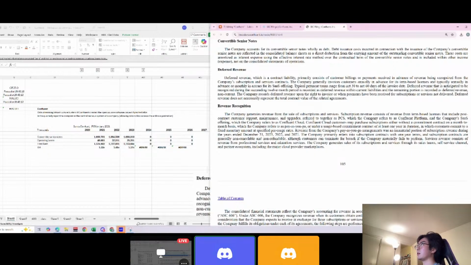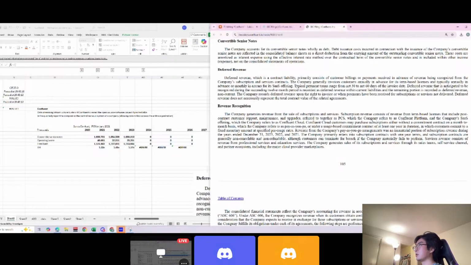Customers of Confluent Cloud may purchase subscriptions either without a commitment contract on a month-to-month basis, which the company refers to as pay-as-you-go, or under a usage-based commitment contract of at least 1 year in duration, in which customers commit to a fixed monetary amount specified per usage rates. Revenue from the company's pay-as-you-go arrangement was an immaterial portion of subscription revenues during the year.